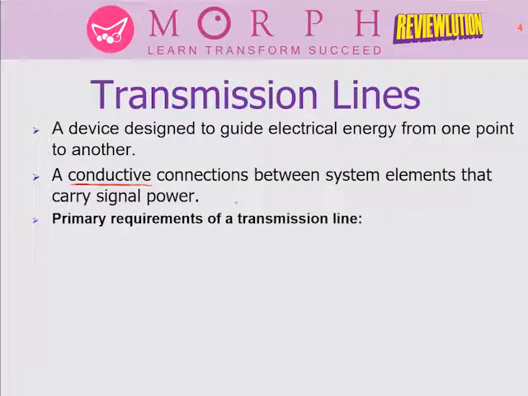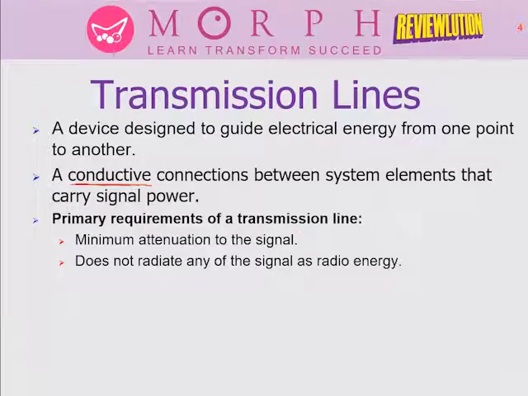So primary requirements of a transmission line is una-una, dapat minimal yung attenuation. Ibig sabihin, hindi lahat or hindi malaki yung loss within the source to destination natin. Then pangalawa, it does not radiate any of the signal as radio energy. So ibig sabihin, if it is a transmission line, the signal must be contained in the transmission line while it is traveling from source to destination with minimal na loss.